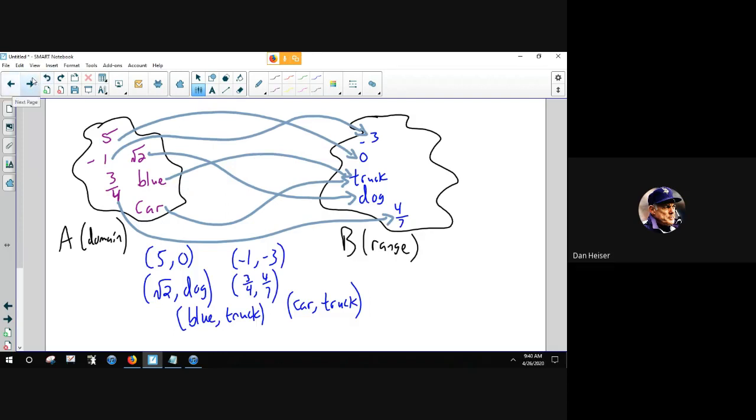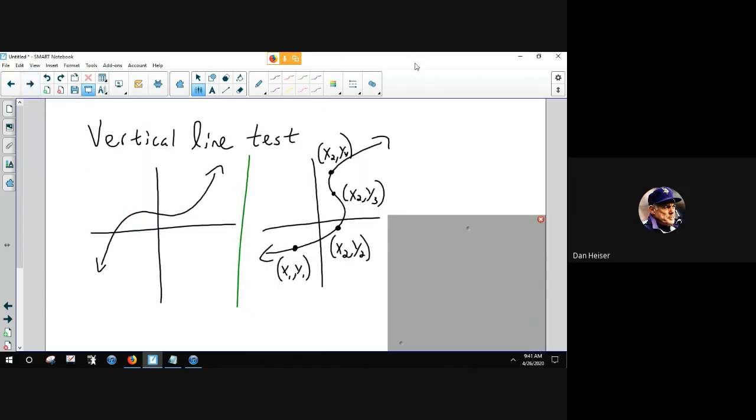Here's another way to look at that same concept. We call it the vertical line test, something you may be familiar with from Algebra 1. If I take a vertical line, here's my vertical line.